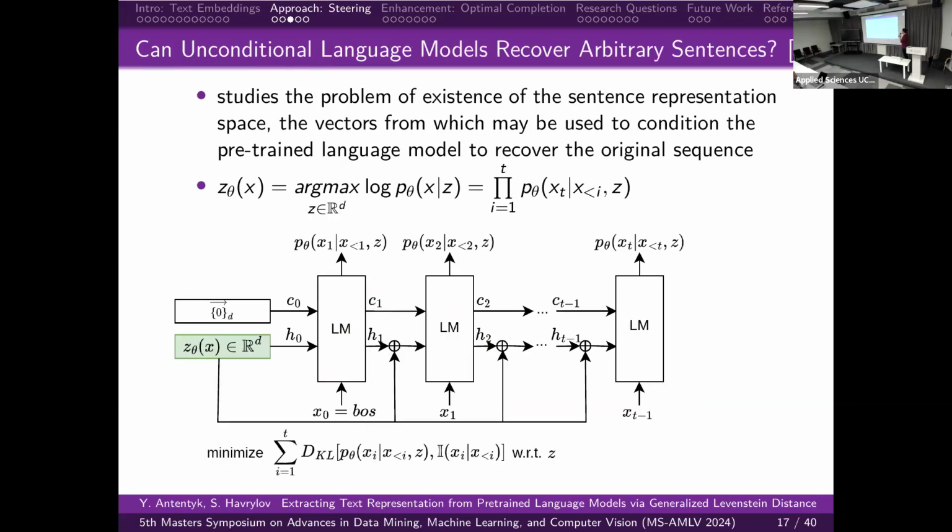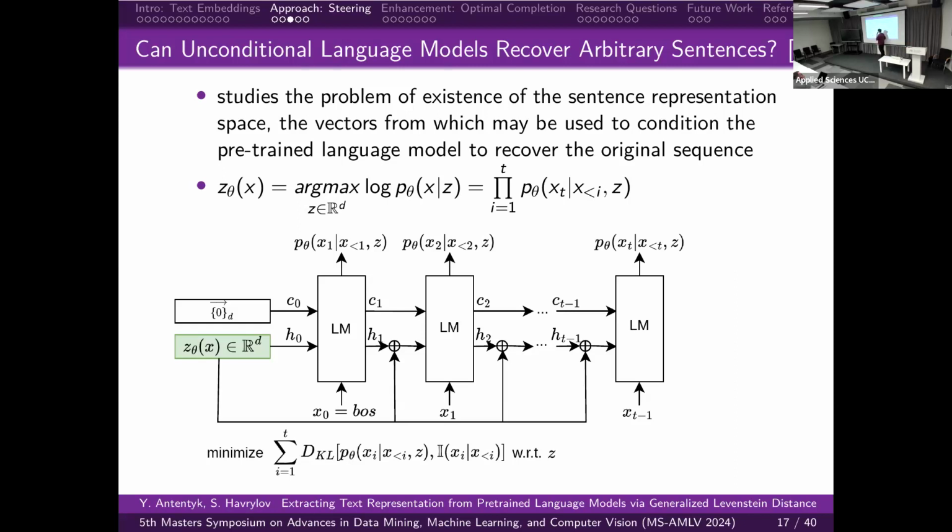We stumbled upon a paper called "Can Unconditional Language Models Recover Arbitrary Sentences?", and they propose another approach for learning an embedding for a sentence for a pre-trained language model. In this setup, we have a pre-trained language model which is fixed, so it is not being trained. And we have an embedding vector Z for our sentence.